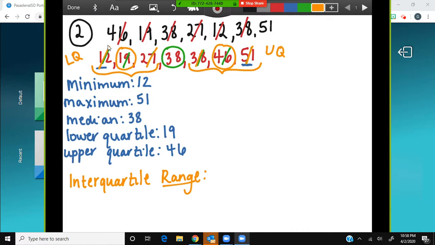Now, the interquartile range is the difference between our quartiles. And notice how it has the word quartile in it. So that means we're going to subtract our quartiles. So when we subtract 46 and 19, the biggest number will go on top because it's bigger, and we subtract by 19.